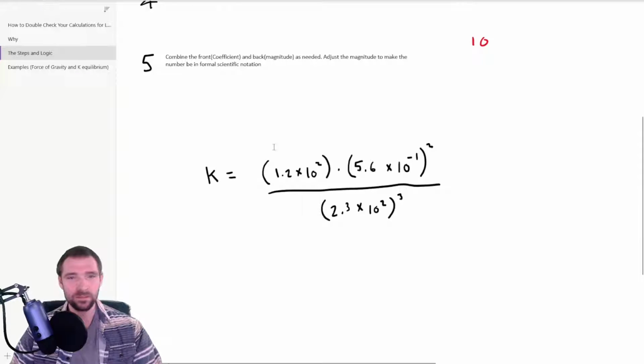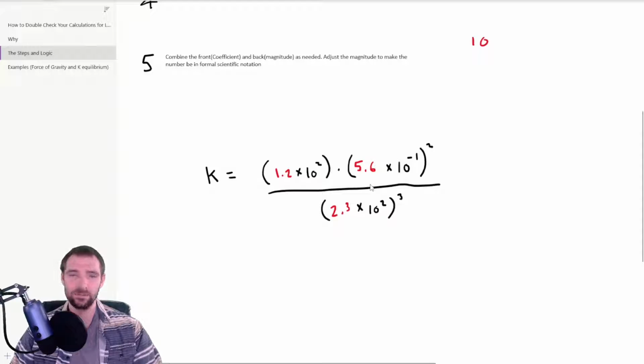So what you need to do is take the numbers that are in the front here. Honestly, without doing anything with the magnitude, one of the easiest things to do is just combine these numbers that would go in the front of the scientific notation.